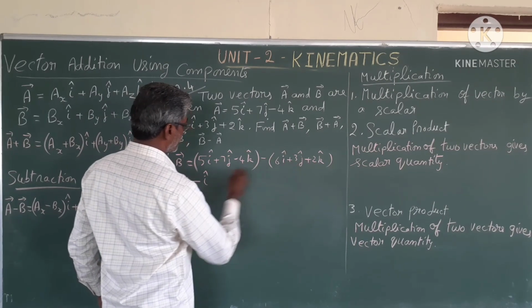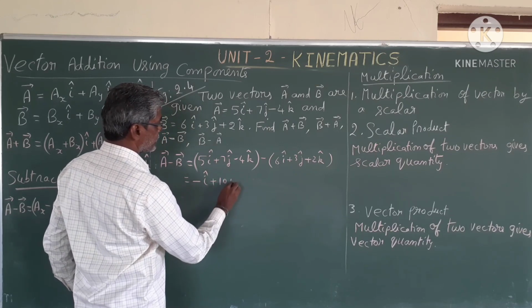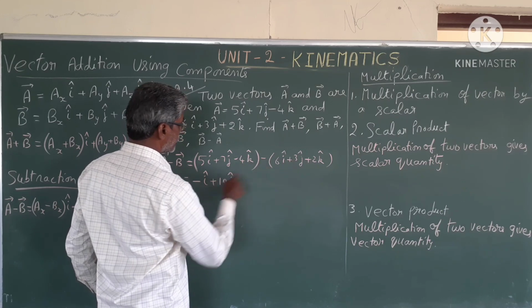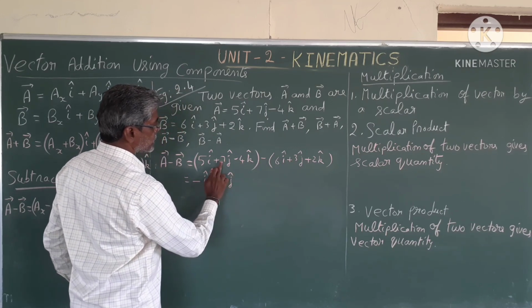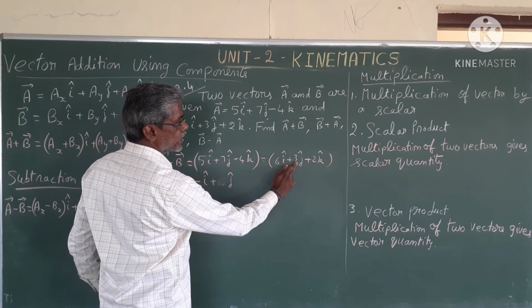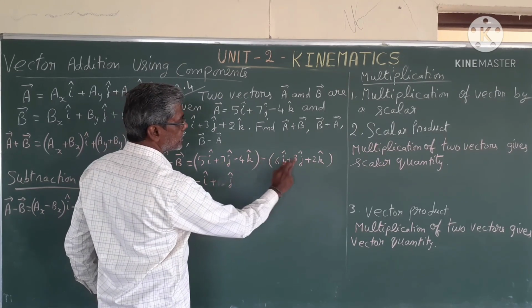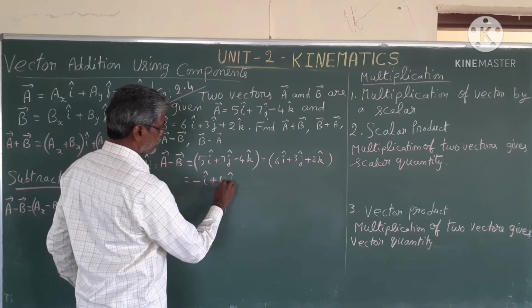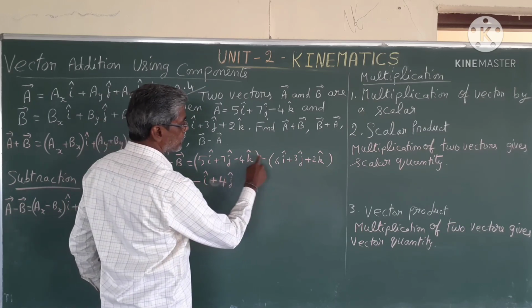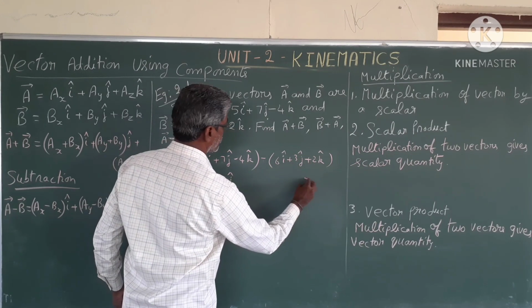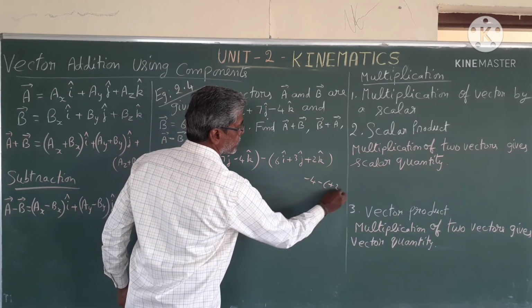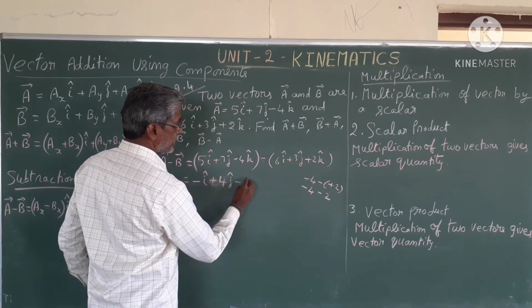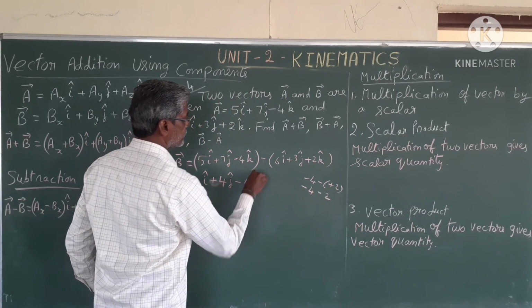Then 7 minus 3, you must write it as 7 minus 3, 4, so plus 4j. Here minus 4 minus of plus 2. It becomes minus 4 minus 2, so minus 6k.